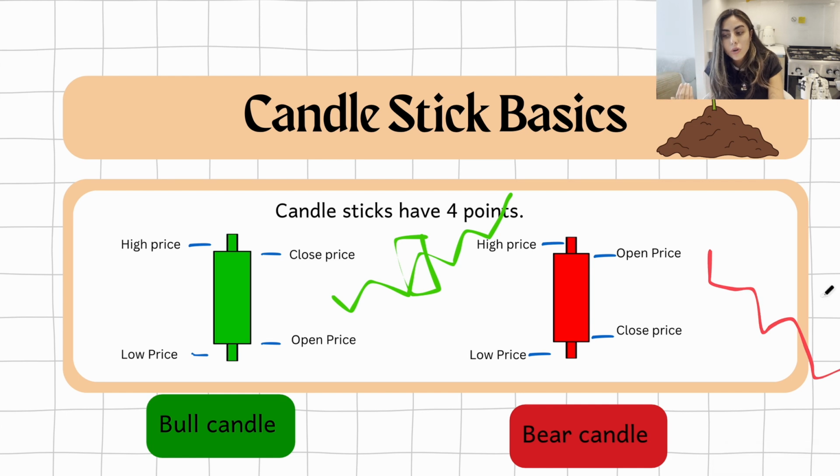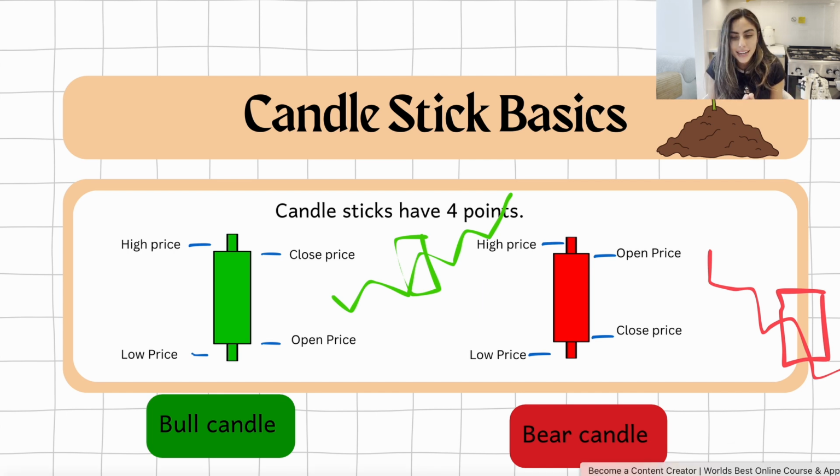So it wants to close lower because it wants to go down. Simple, right? Let me say that again. Bull candle, it wants to go up, buying pressure, so the closing price, of course, wants to be higher. Bear candle, sellers are in control, so it wants to go down. So it makes sense that the closing price wants to go down, right?